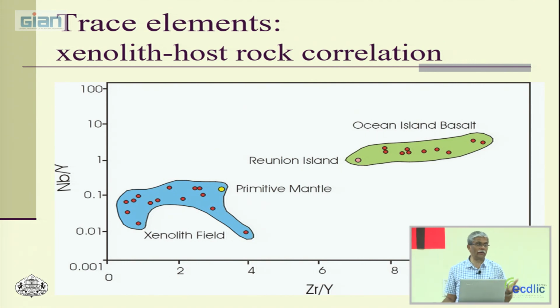In fact it had time to equilibrate or to at least make some exchanges with the subcontinental lithospheric mantle, mimicking some of its characters. Although it is not completely assimilated or fractionated, it did have certain reaction or exchange of elements with the subcontinental lithospheric mantle.